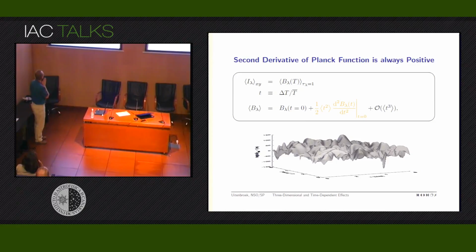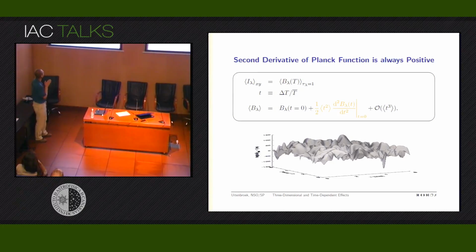So what I've plotted here is the surface of optical depth unity at a continuum wavelength. If we assume that we have LTE, namely that the source function is given by the Planck function, and if we assume the Eddington-Barbier relation, which tells you that the emergent intensity is approximately the source function at tau equal 1, then the average intensity over a surface is given by the average of the Planck function on optical depth unity.